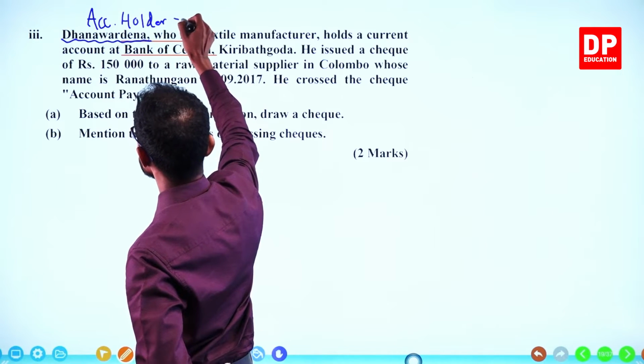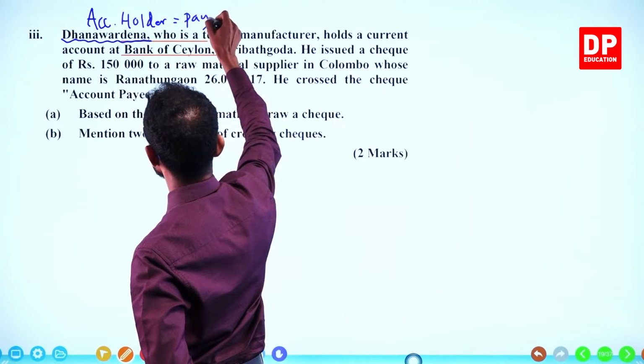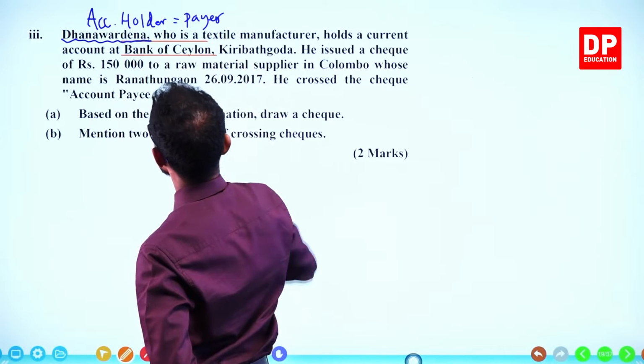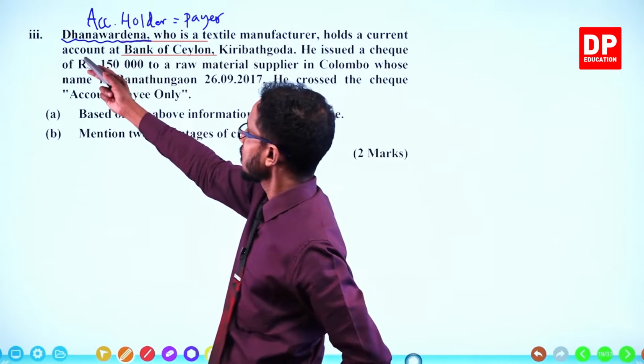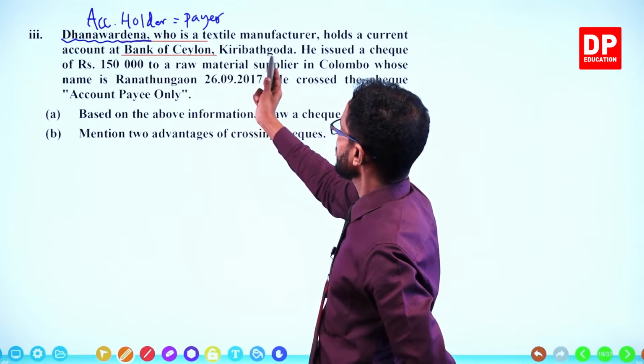Account holder means the payer. Bank of Ceylon, Kiribati Goda.